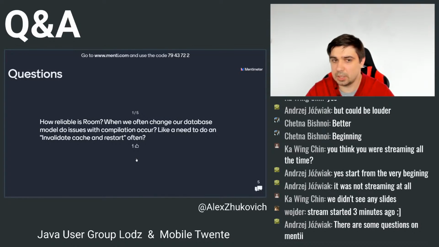The next question, how reliable is Room? When we often change our database model, do issues with compilation occur, like needing to invalidate caches and restart often? I never had such an issue, because when we change our database, we work with migration, and Room has a pretty good mechanism for migration.